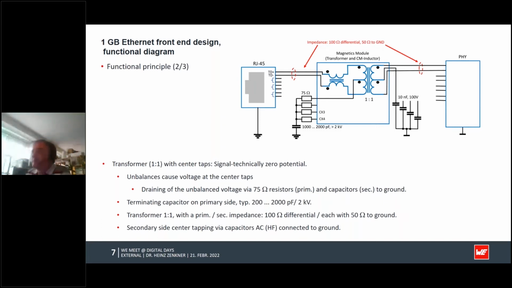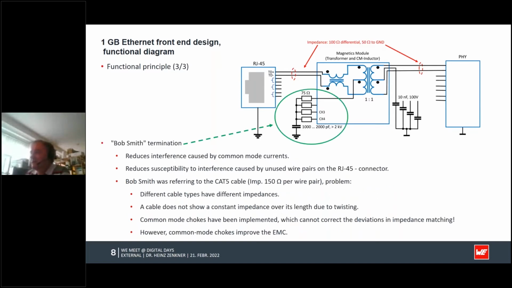So, as mentioned before, the Bob Smith termination, as it is called in the literature, means that each of the channels, there are four of them here, has its center tap connected via a 75 ohm resistor, and then they are connected together and go via a capacitor to, let's call it, the shield ground on the left-hand side.